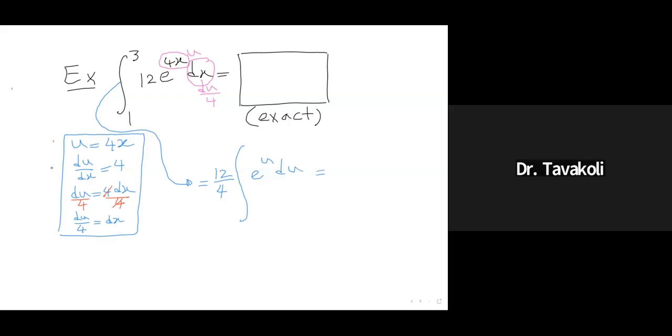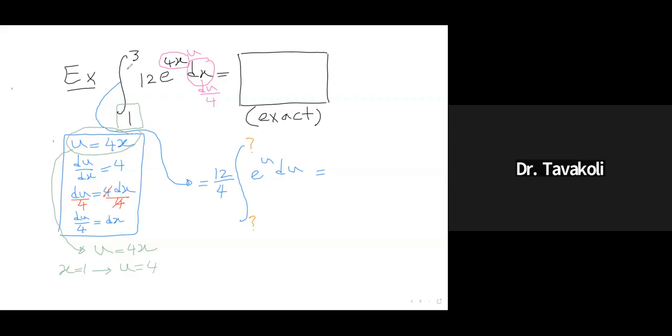What limits for the integral did you come up with? Again, remember that in this example, u is related to x by this equality. U is 4x. So when x is 1, the lower limit of the integral, u is 4 times 1, which is 4.